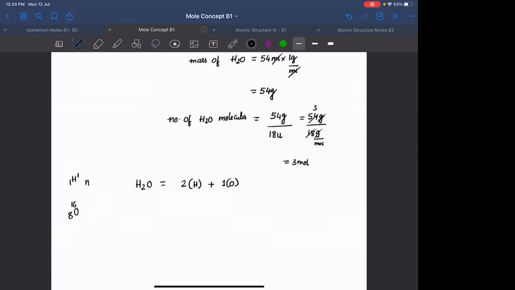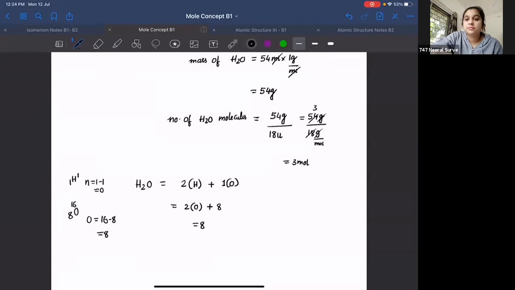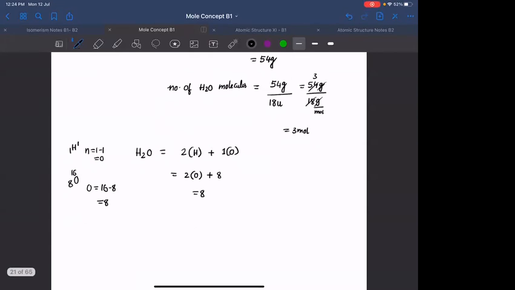So how many neutrons are there in hydrogen? 0. In oxygen? 8, right? So in one water molecule, the number of neutrons will be 8. You have only 8 neutrons. Agreed? So if one has 8, how many neutrons in 3 moles? 24 mole.